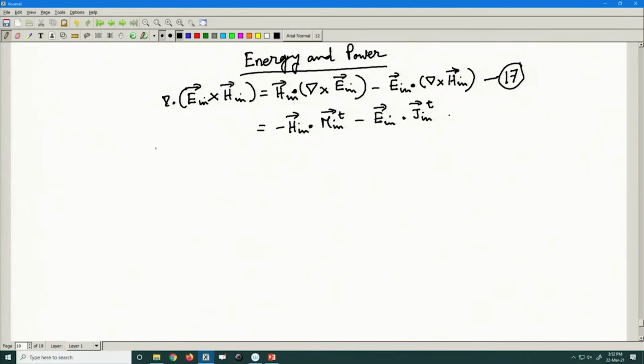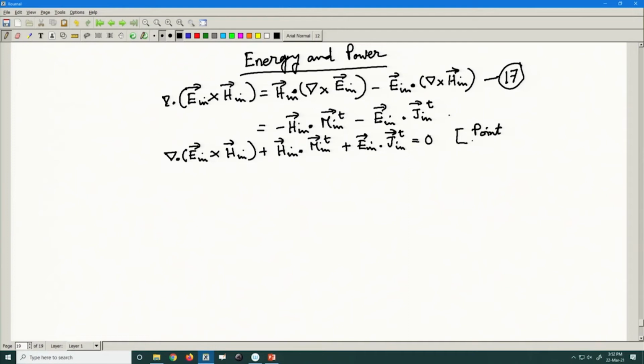And then we bring all the terms to the left hand side and write. So, we have brought all the terms to the left hand side and this is a point relationship which is valid at a particular point.